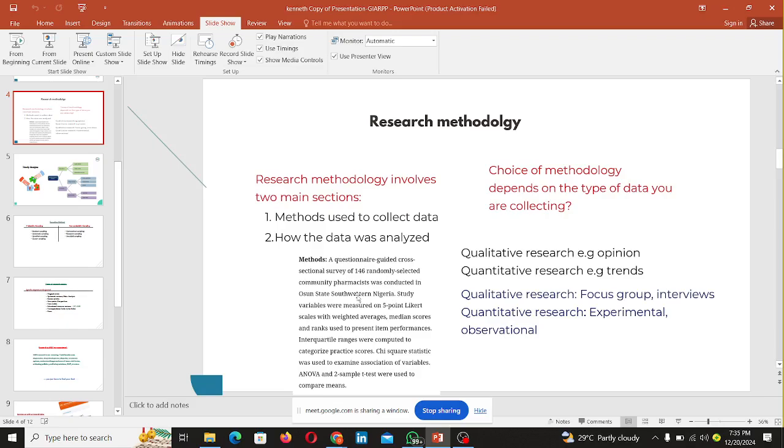Qualitative research is used when you can't exactly quantify the parameters. For instance, in most cases, it might be difficult to quantify people's opinion.